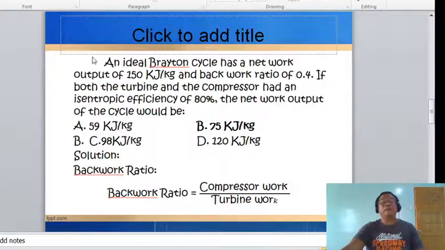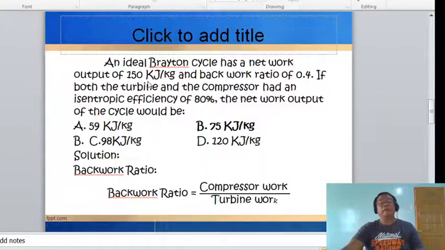Take note of the term, class. If both the turbine and the compressor have an isentropic efficiency of 80%, take note, so we also have isentropic efficiency. So, how is this isentropic efficiency applied to the compressor and to a turbine or a gas turbine?